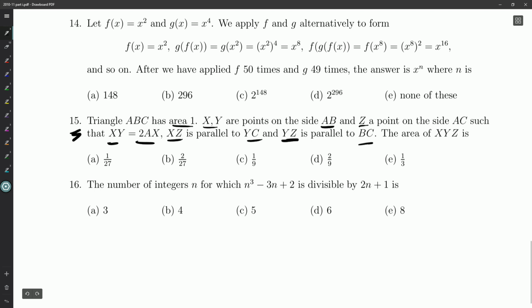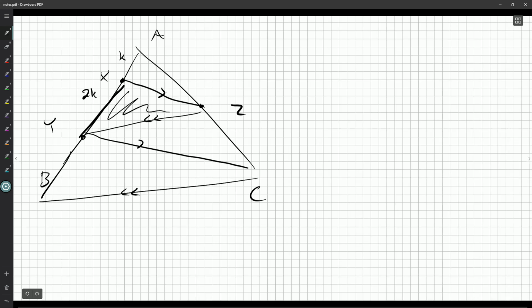Parallel to BC, the area of XYZ is... So we want the area of this triangle in here. Okay, so we've got some parallel lines. I'm going to highlight them in colors to visually signify which things are parallel to which.